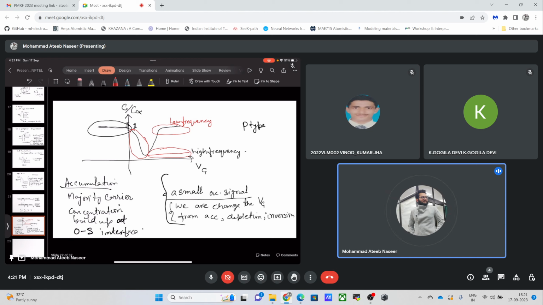And then the other case, which corresponds to low frequency, where we will have enough generation and recombination of the minority carriers, and as a result the capacitance tends to the oxide capacitance, and the ratio C by C ox will be simply equal to 1.